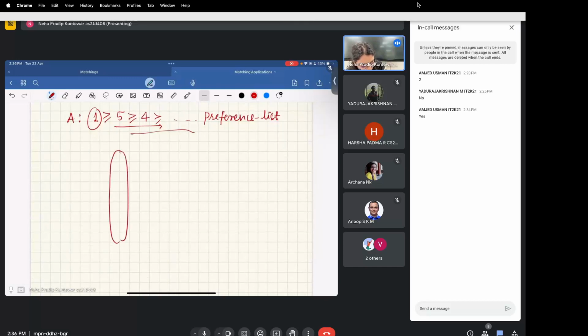In this case you have students and you have rooms, but this time each student has their own preferences. There is some ordering for each of them. And what is our goal this time?